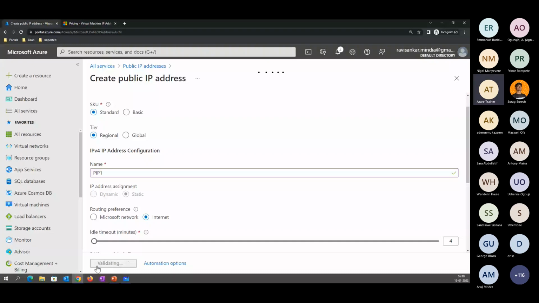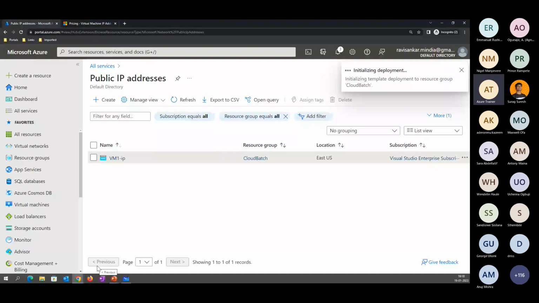Let's wait for that. Right now you can see the public IP address creation is in progress.